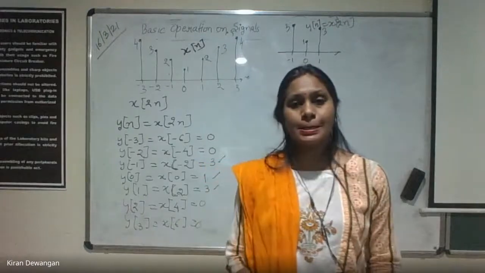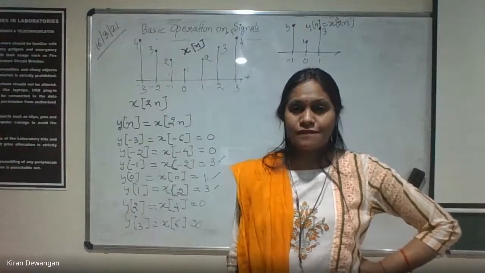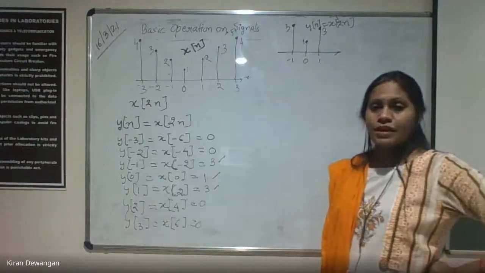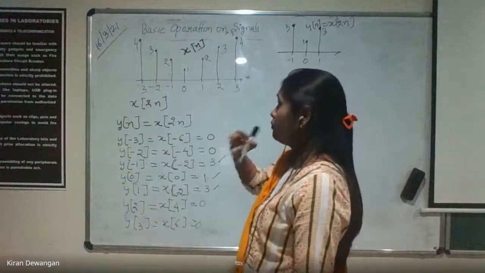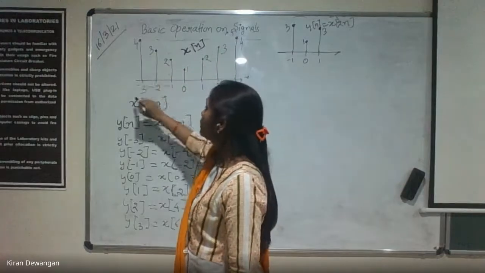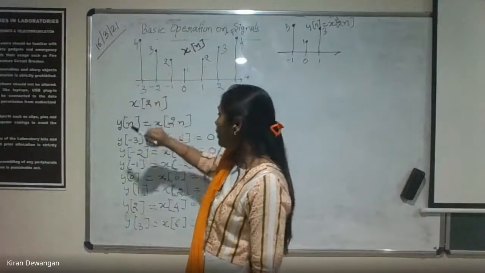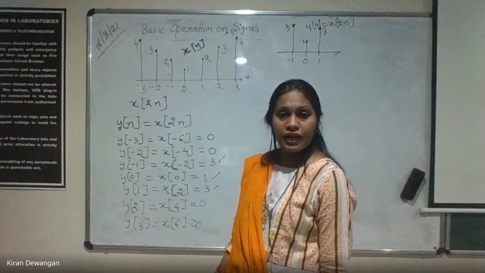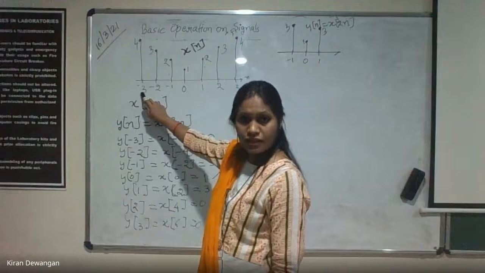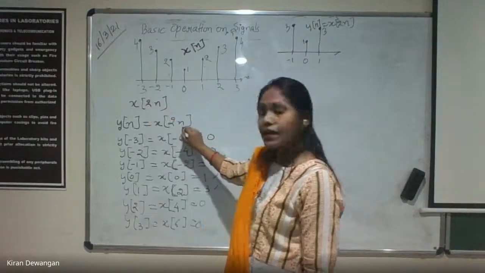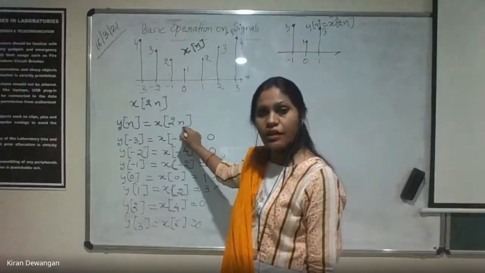Anyone has any idea? No idea. Let me explain. If we want the value at -3, what n do we have to take? For the value of x of -3, what n do we have to take? -3/2, correct.